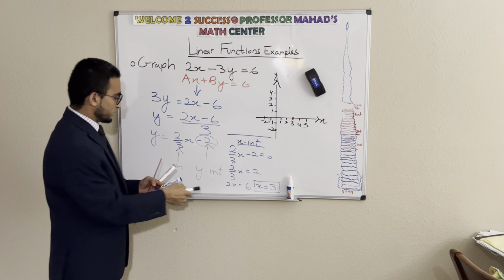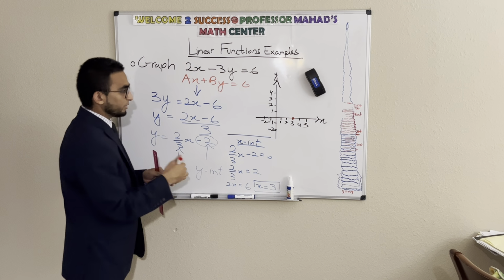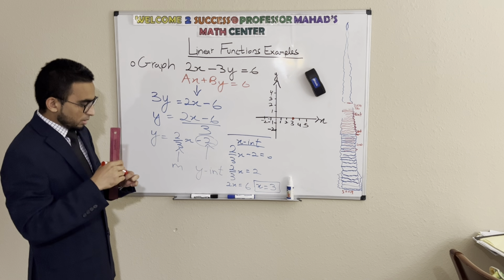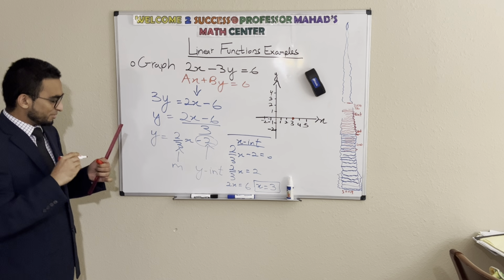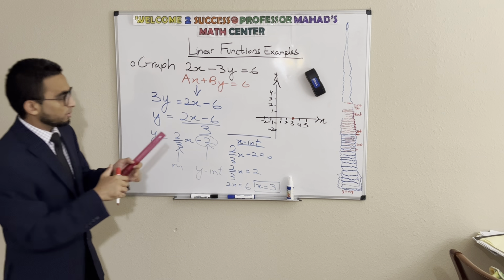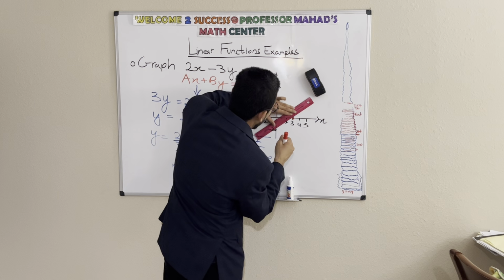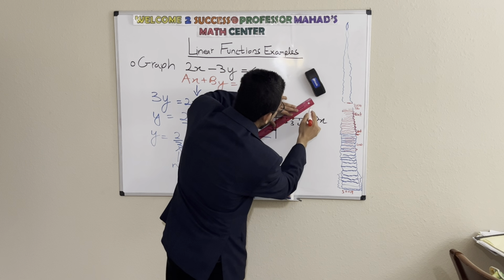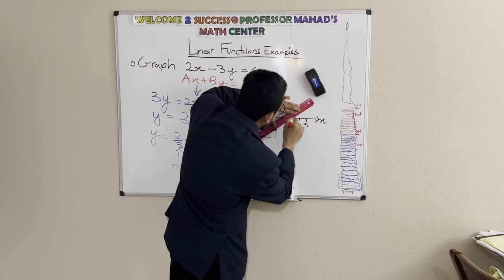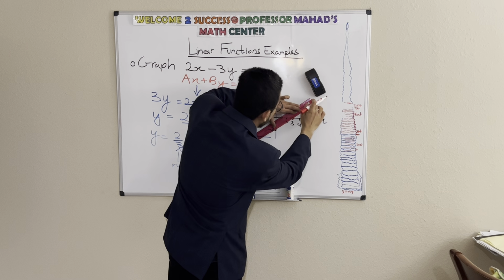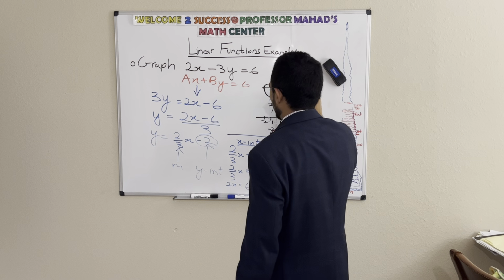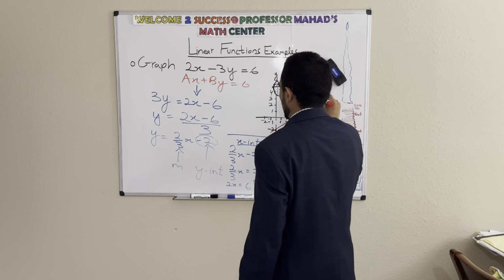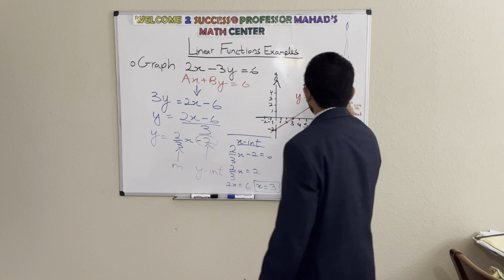So let us now draw a beautiful straight line. If I wanted, I could take more points, but I think it's enough. So that's your line of y is equal to 2 over 3 x minus 2.